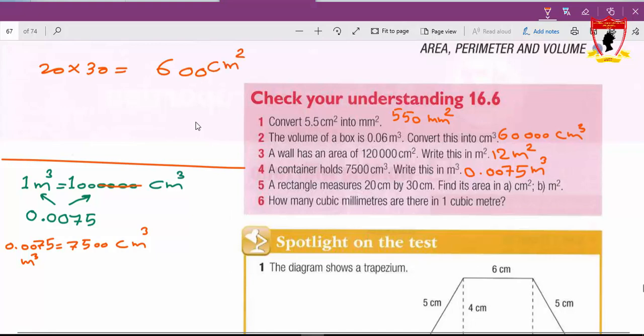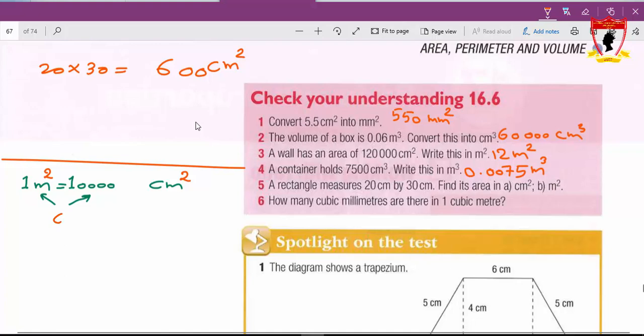Then to convert this 600 centimeter square to meter square, we need something similar to this one. We know 1 meter cube, it's about square, then 1 meter square is 10,000 centimeters square. 1 meter square is 100 square, which is 10,000 centimeters square. Now we want to create 600. 600 has 2 zeros.